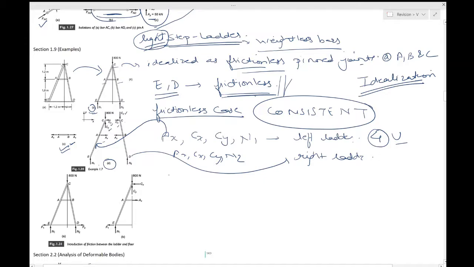So for each isolated part you have four unknowns, and 1.7 and 1.8, if you remember, give you three independent conditions.